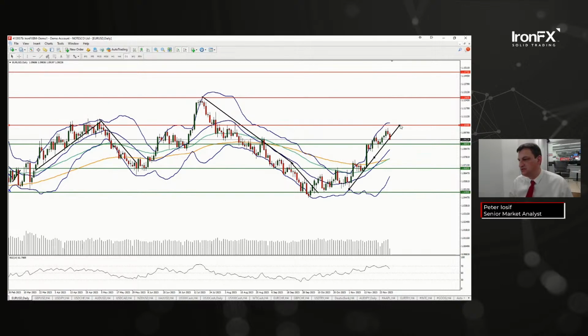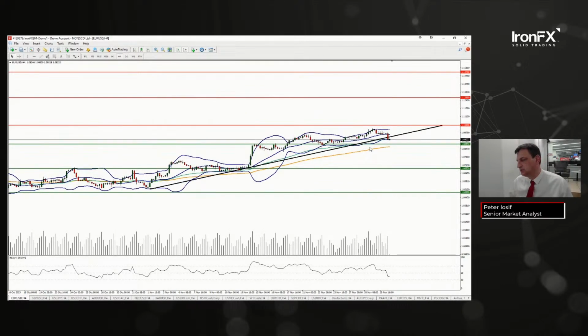For the time being, we see the case for EUR/USD on a technical level actually dropping a little bit lower and stabilizing. And we base that practically on two elements. The first would be the breaking of the upward trend line. Allow me to drill back to the four-hour chart.